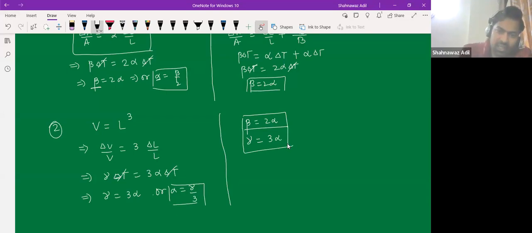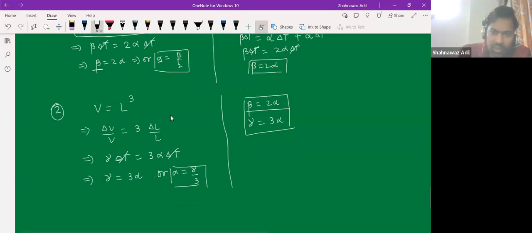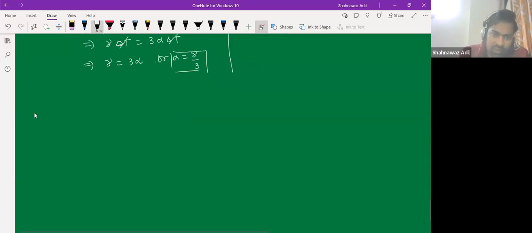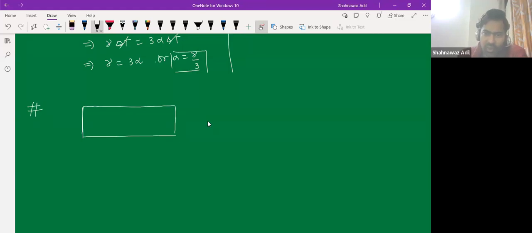And in the NCERT textbook, they have also shown this superficial expansion by giving an example of a rectangle, right? So let's say we have a rectangle, and this is, let's say, A, and this is B, right?